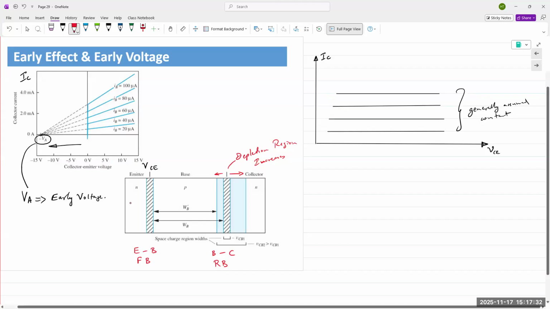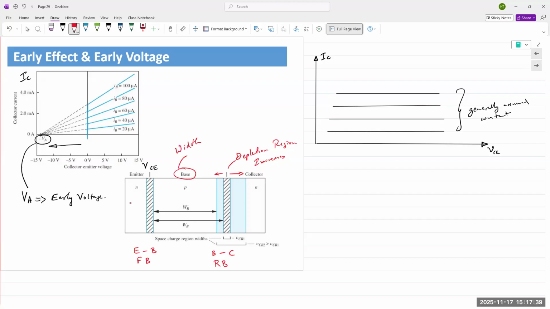So this is obviously not to scale, but the width of the base decreases. And because the width is decreasing, now there are changes in the performance of the BJT.